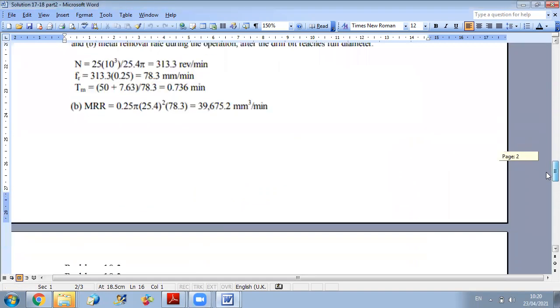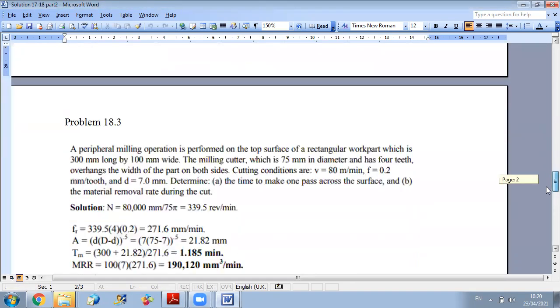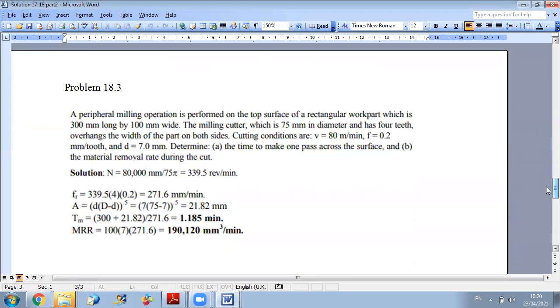Another problem. A peripheral milling operation is performed on the top surface of a rectangular workpart which is 300 millimeter long by 100 millimeter wide. The milling cutter, which is 75 millimeter in diameter and has 4 teeth, overhangs the width of the part on both sides.